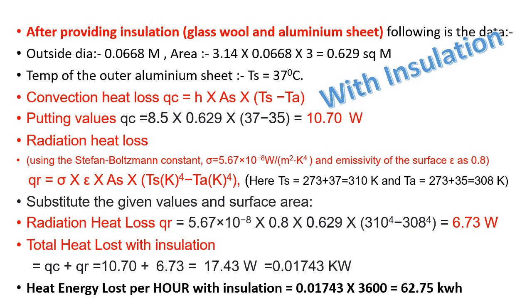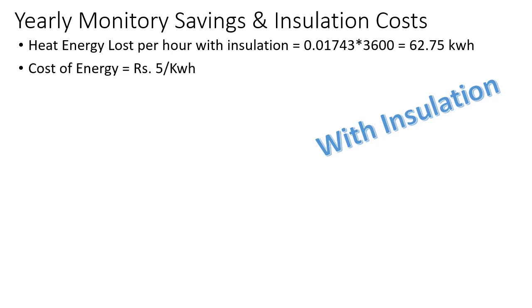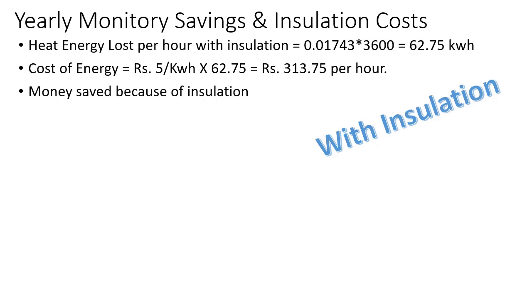So now the yearly monetary savings and insulation cost, as has been asked. The heat energy lost per hour with insulation is 62.75 kilowatt hours, as we have already calculated. The cost of energy is rupees 5 per kWh.